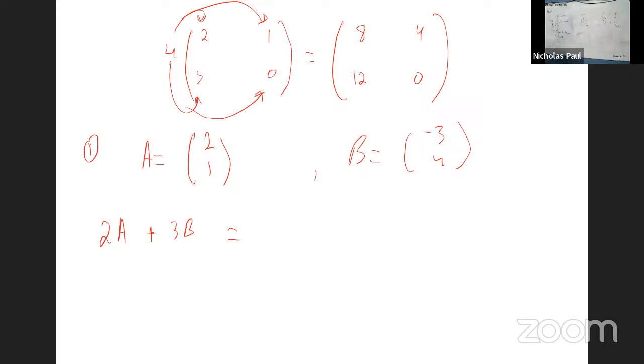We'll go to 2A. We'll go down to 3B, and then add that.